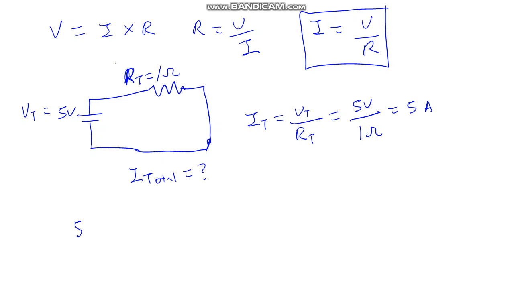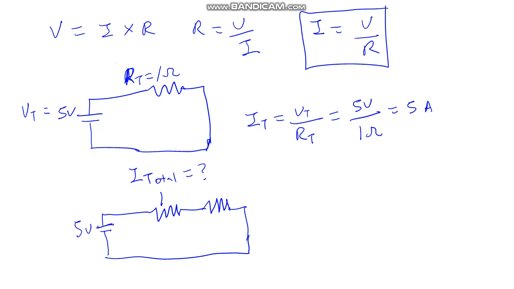Another question they could ask you is, you could have the same battery, but now instead of one resistor, they might give you two resistors. My resistor looks kind of bad, but it does tell the story. So here it is. This is 1 ohm. Let's say this is 1 ohm. And so again, they might ask you what's the I total.